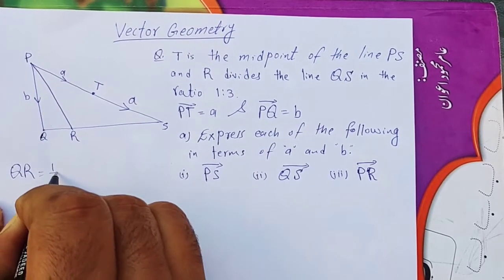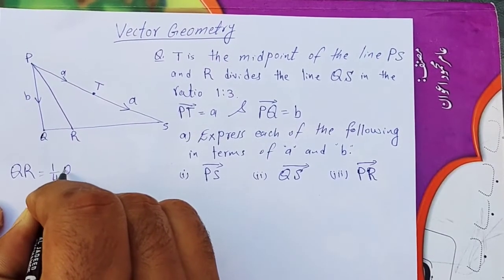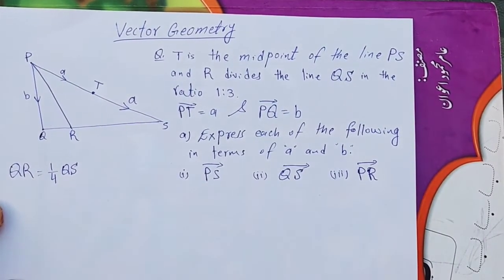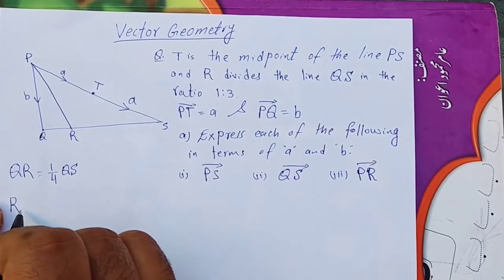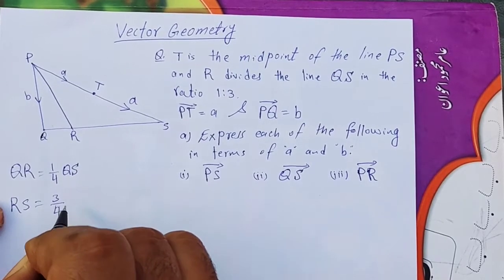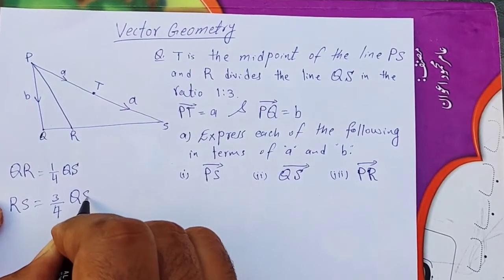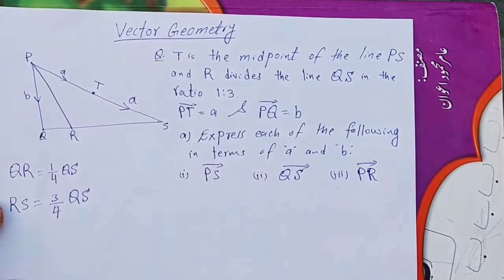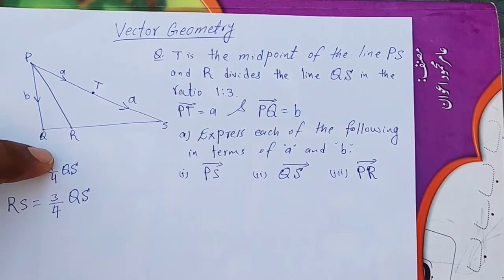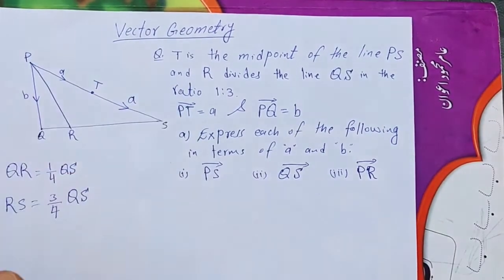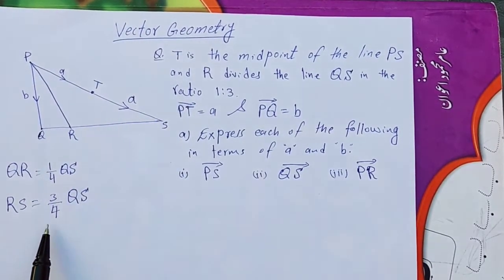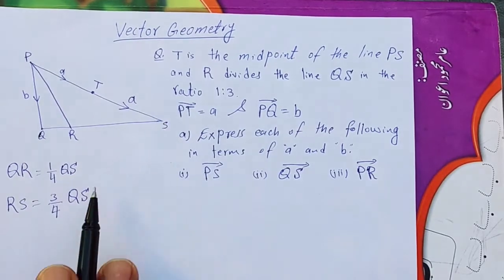QR is 1/4 of the line QS, and RS is 3/4 of QS, the whole line. Understand, my dear? QR is 1/4 of the whole line QS and RS is 3/4 of line QS.